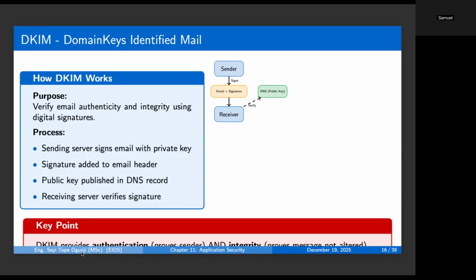The public key is published in a DNS record. The receiving server now verifies the signature. So it confirms that this email really came from who it says it's from. It authenticated and confirmed that nobody changed the message. That's the integrity. So the email is sent.